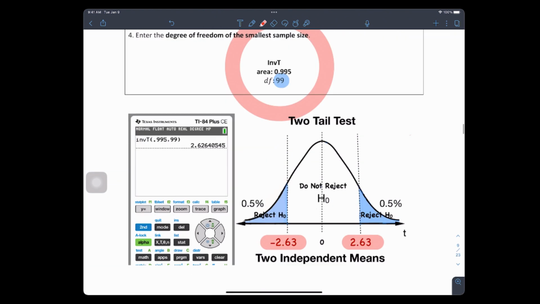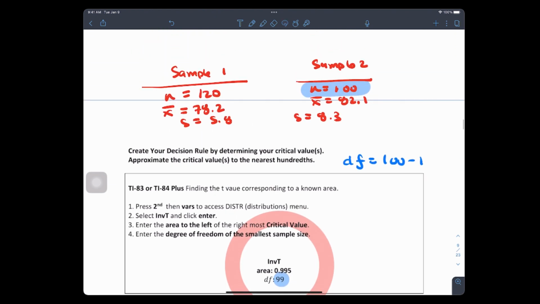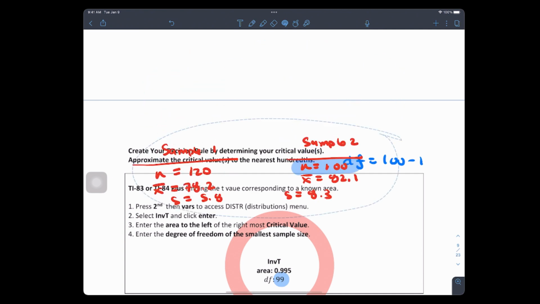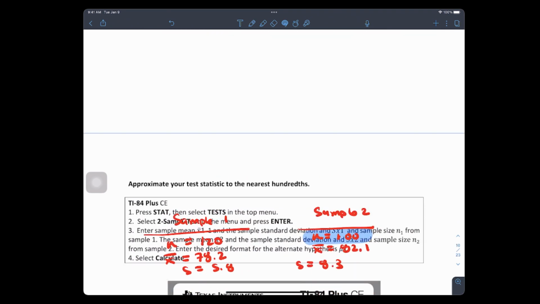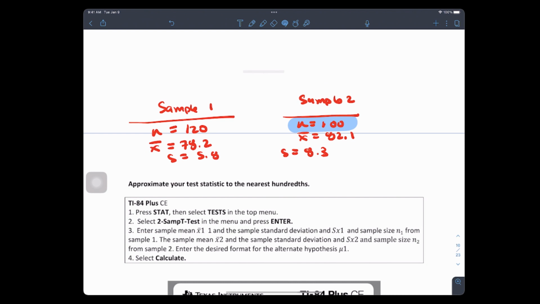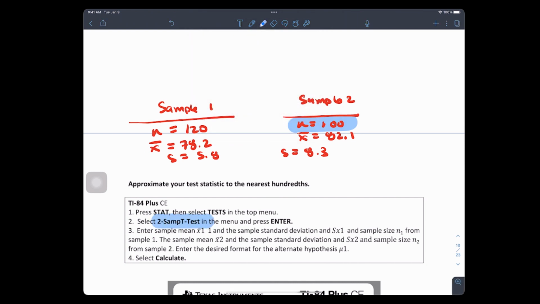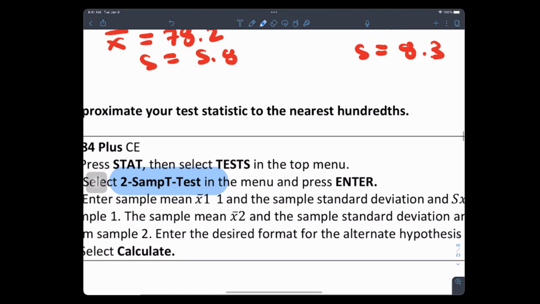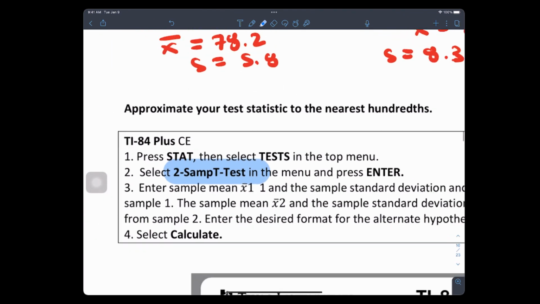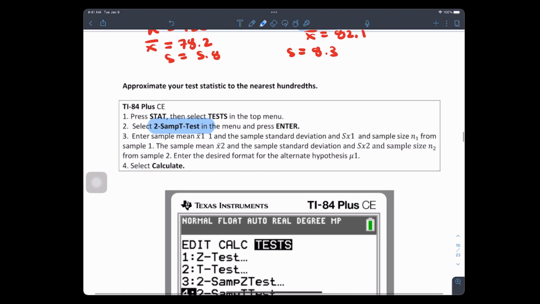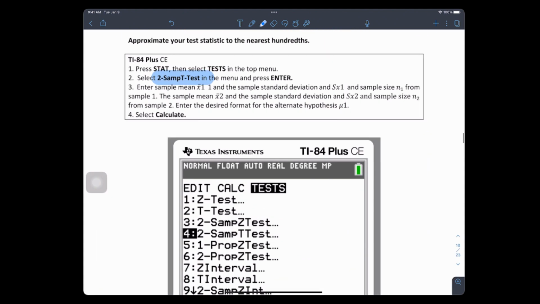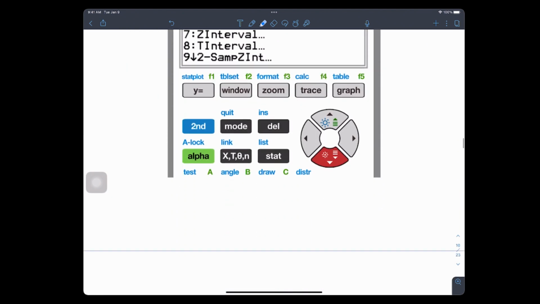Okay. Now, remember, we got sample information anyway. And what do you guys do now with some of these here? You're going to put this in. What is the function now? What's the command? It's a 2-sample t-test. So I placed them all in the TI here. 2-sample t-test. I placed it.